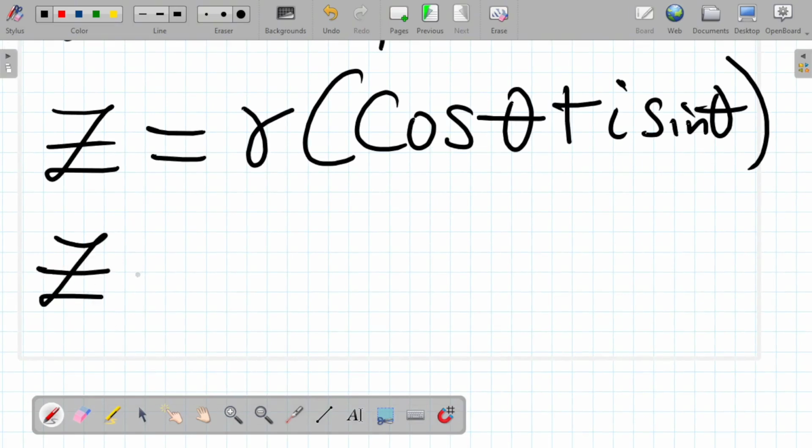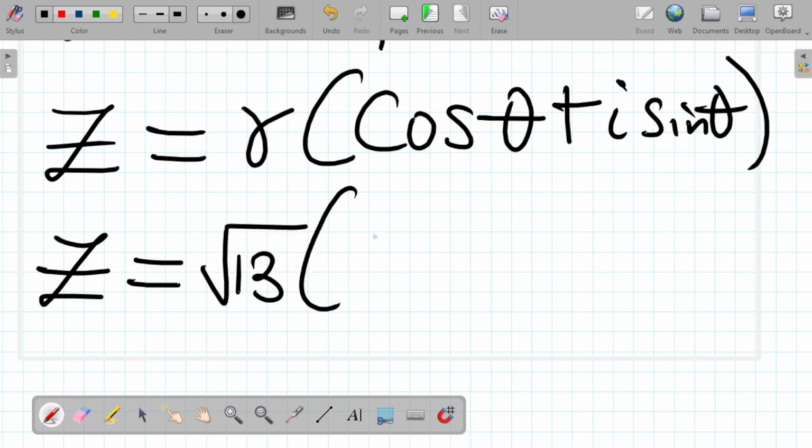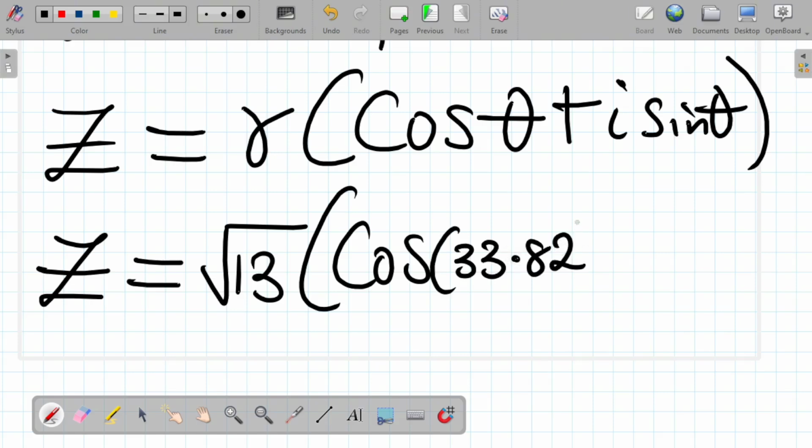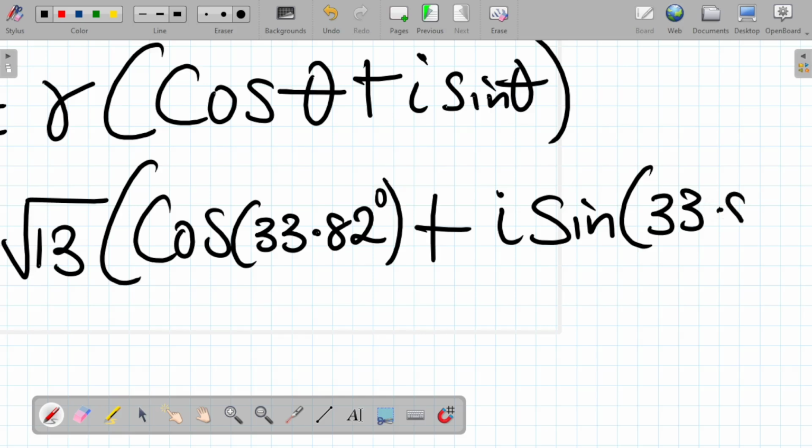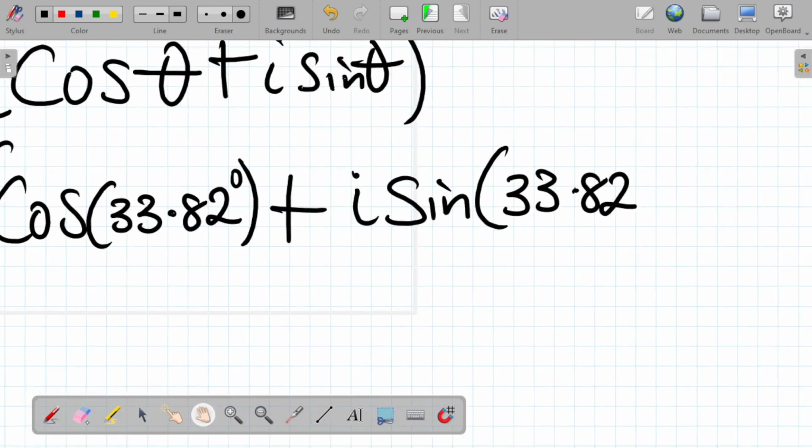So z is equal to, from our previous calculation, r gave us the square root of 13, open bracket, cos, and then the value of theta is 33.82 degrees, and then plus i sin 33.82, and then you attach degrees.